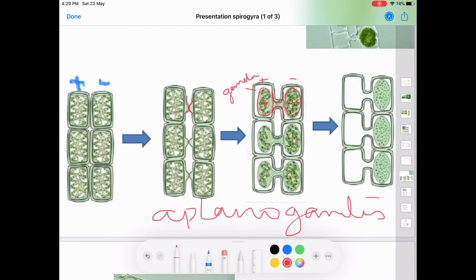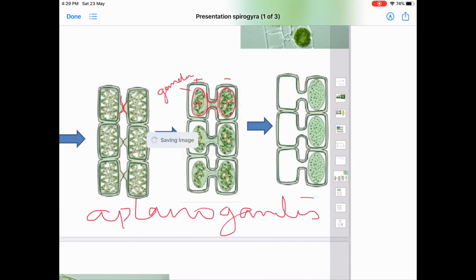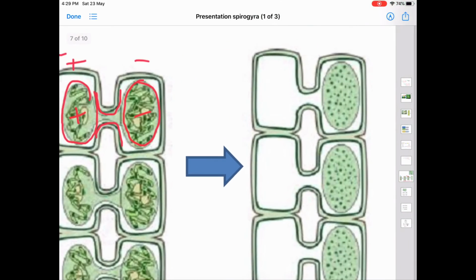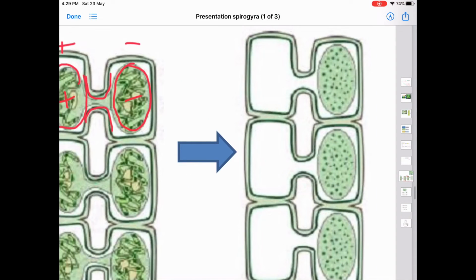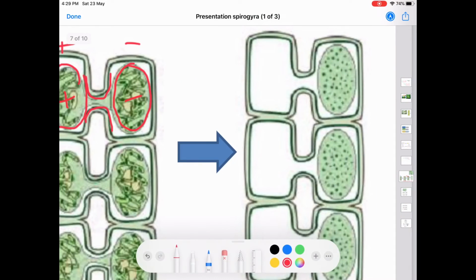The movement in aplanogametes is amoeboid type. The plus gamete from the plus gametangia slowly moves into the minus gametangia, which has the minus type of gamete, that is the female gamete.